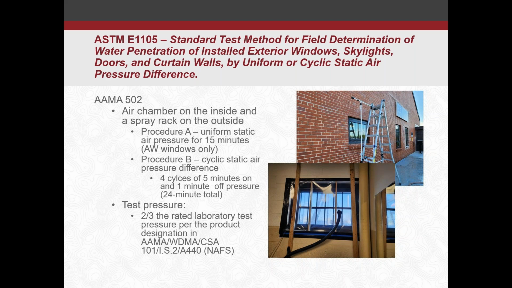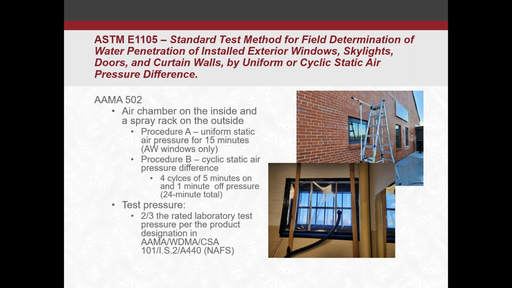Then we have procedure B, which is the cyclic static air pressure difference. What that is, 4 cycles of 5 minutes on and 1 minute off of pressure. So you run that 4 times. And they do this so that you have 5 minutes of pressure, and then the 1 minute off pressure would allow water to escape through weeps.